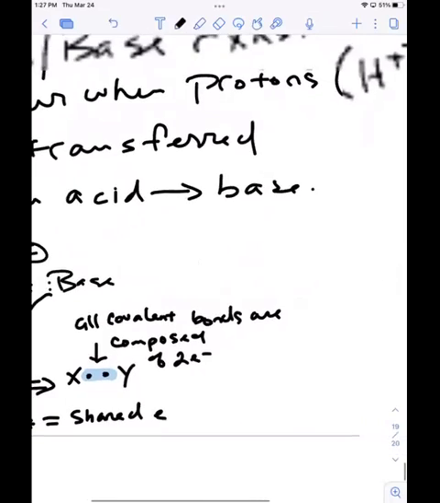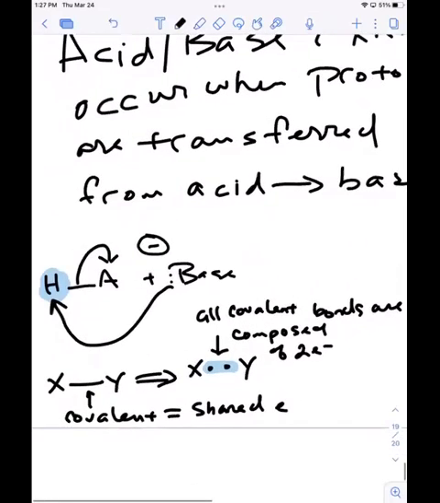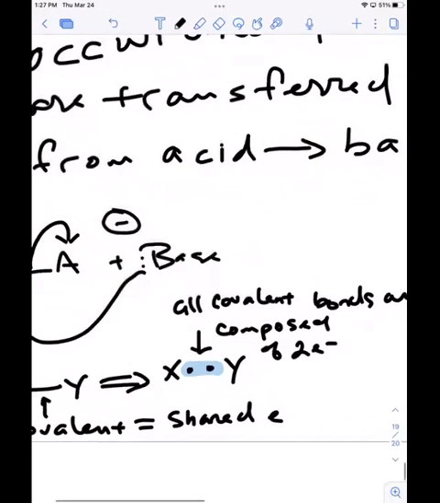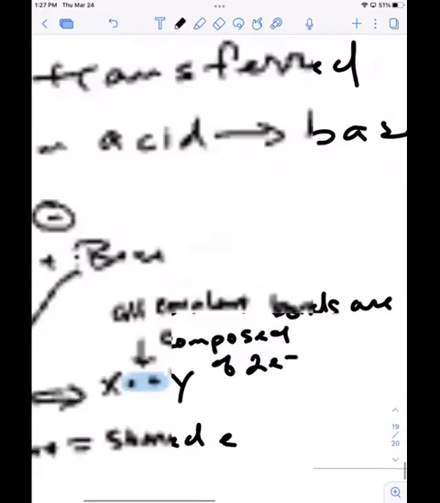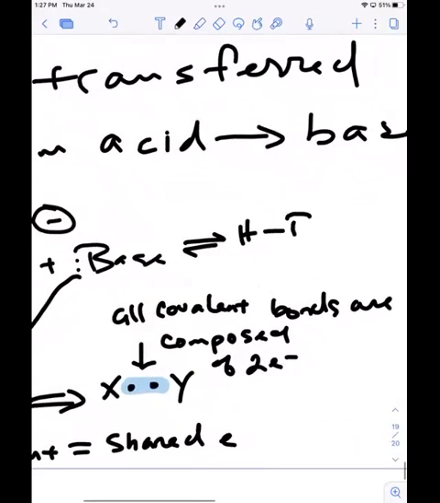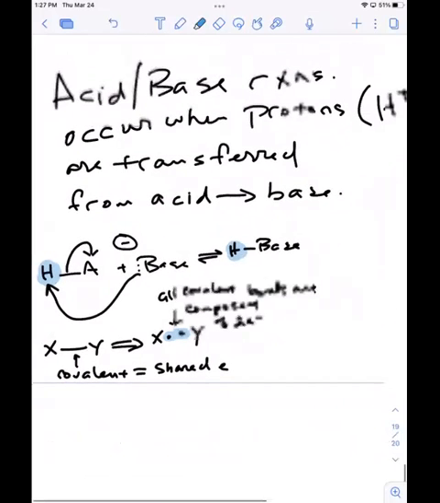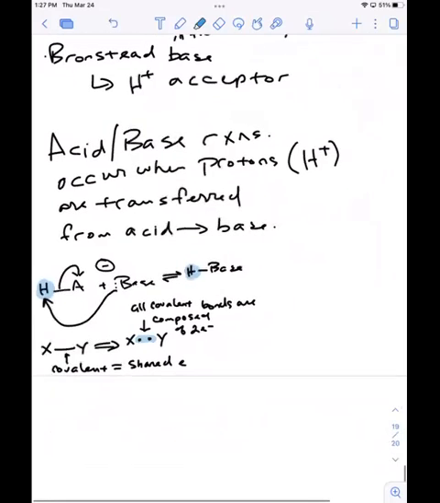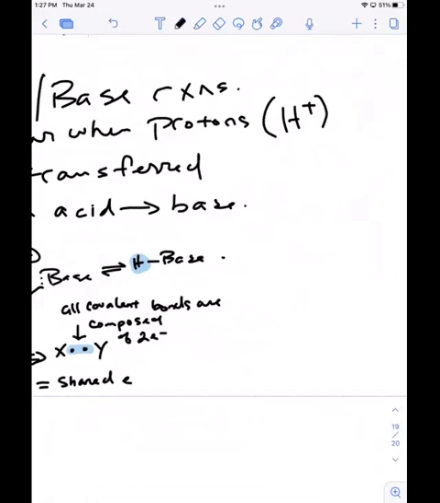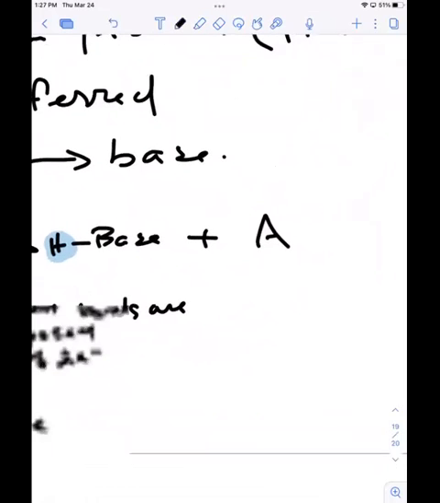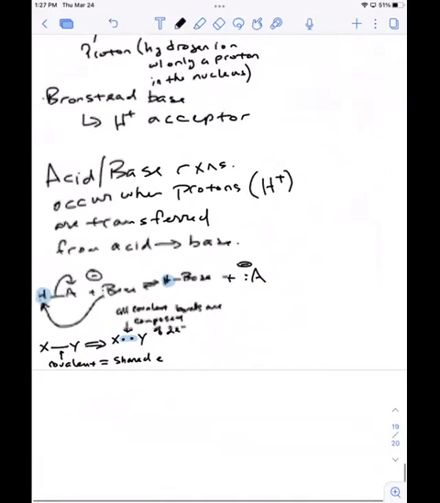So all covalent bonds are composed of two electrons, right? So the bond that I'm going to make between H and the base is a covalent bond, and it's made by those two electrons from that base being donated to hydrogen. And then I'm also going to break that HA bond, so I'm going to be left with A with two electrons on it, and more than likely a negative charge.